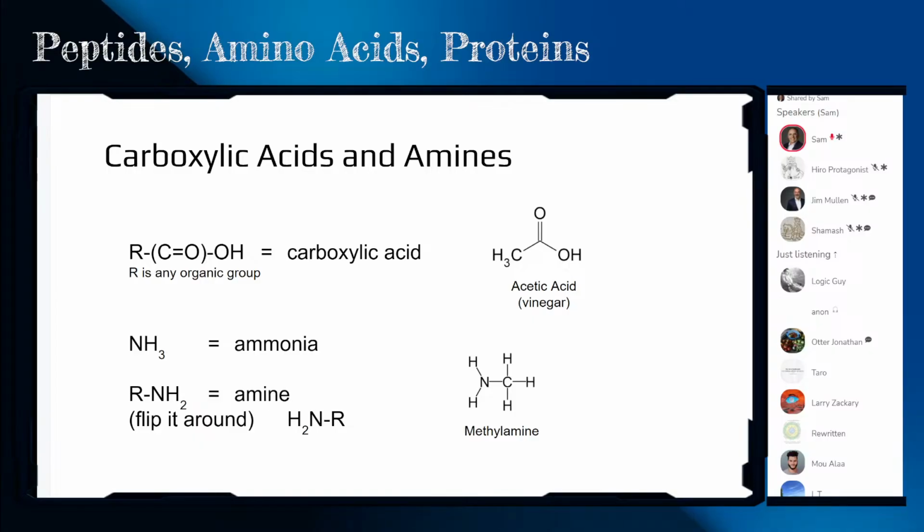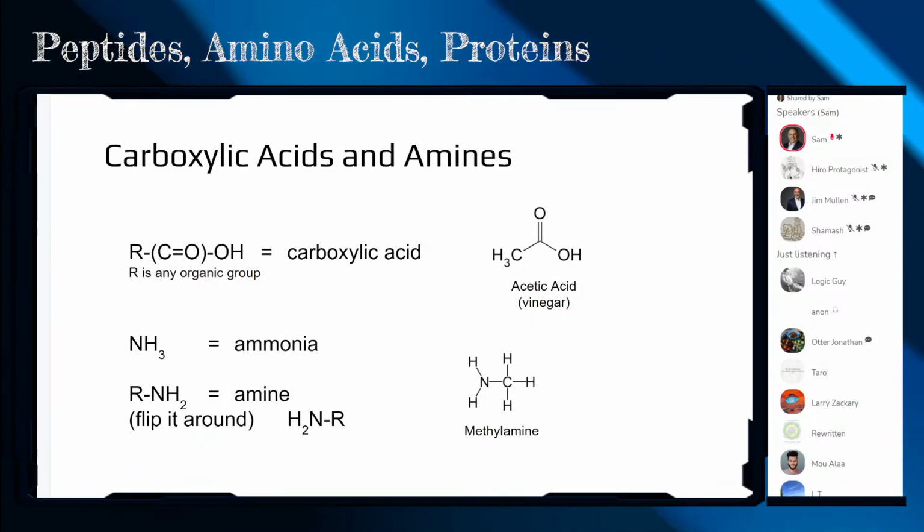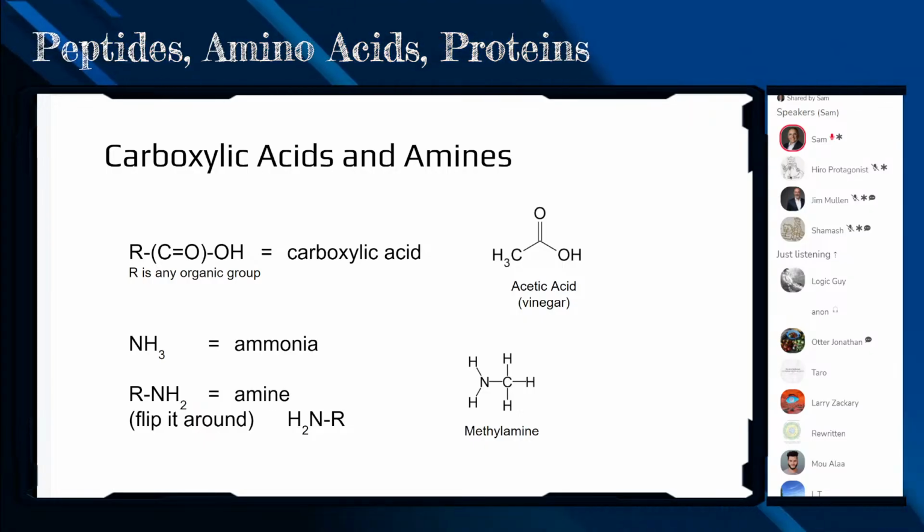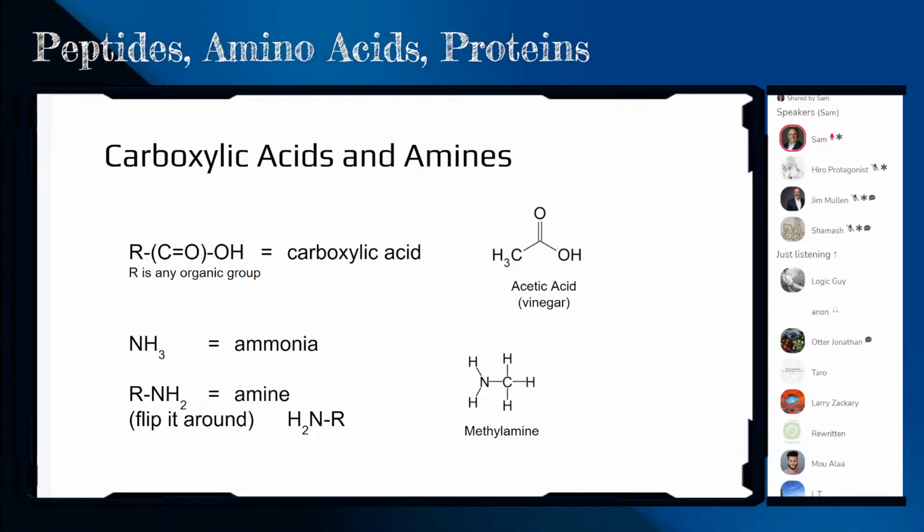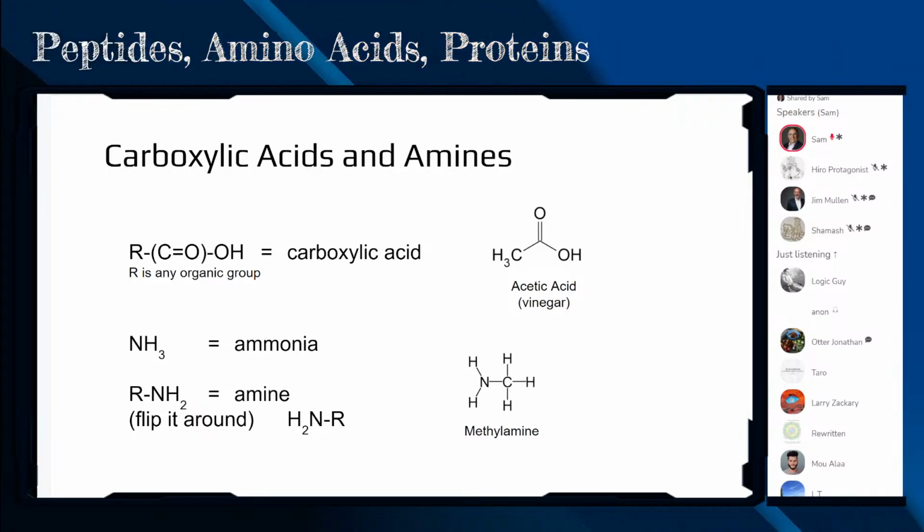We're not going to go into what happens if you replace the other H's, just this one, when one of the H's is replaced by an organic group. This is called a primary amine, and an example of this is methylamine. I have NH2, which is the amine part, and then CH3, which is the methyl part.